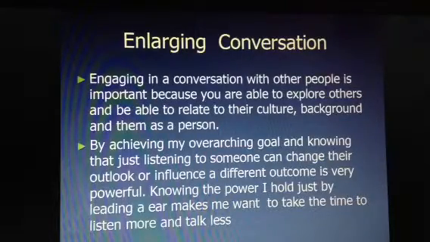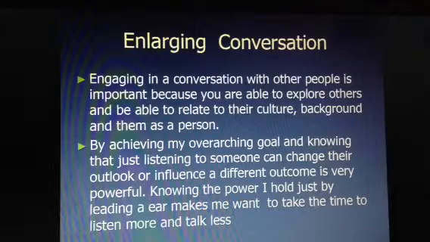Enlarging conversation. Enlarging conversation with other people is important because you are able to explore others and be able to relate to their cultural background and them as a person. I'm starting to realize that no matter what or how a person may look or act like another person, we are all individuals and can all learn something from each other by just holding a conversation.